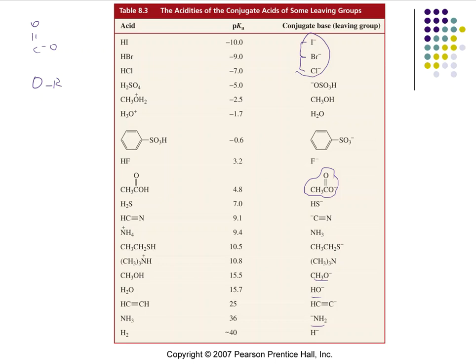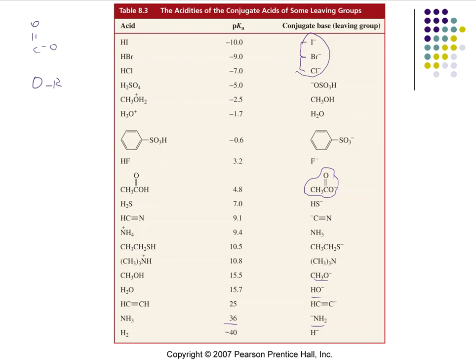It is not a very good leaving group. It is a very strong base, which means if NH2 is out there, look at this, a 36, close to 40. If that NH2 is out there on its own and it's looking for something, it's going to find something to bond with because it is a very strong base.